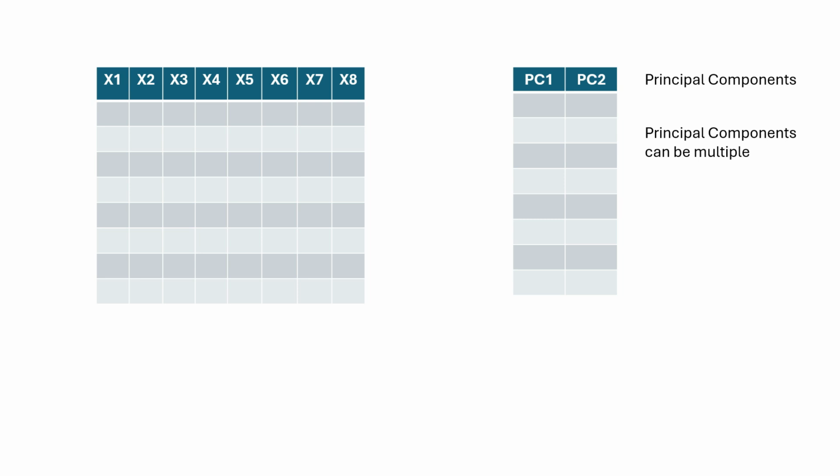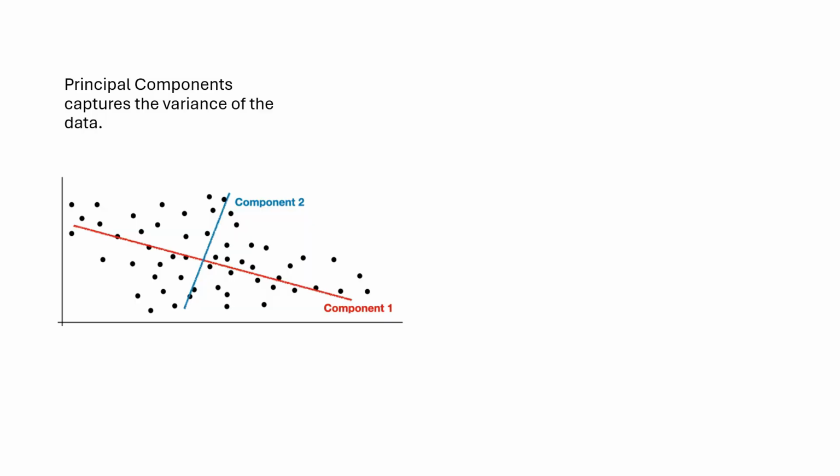Let me give you an idea of what principal components are. So principal components capture the variance of the data. If we have 2 variables, the first principal component captures the variance in the larger direction. And the second principal component captures the variance in the direction perpendicular to the first principal component.